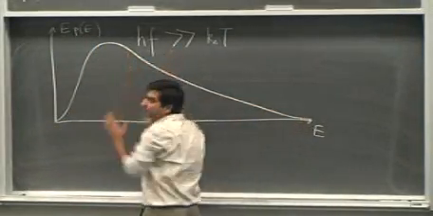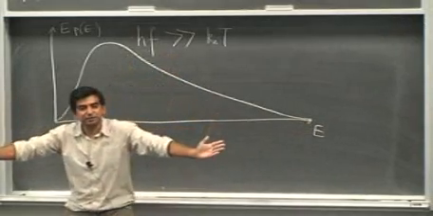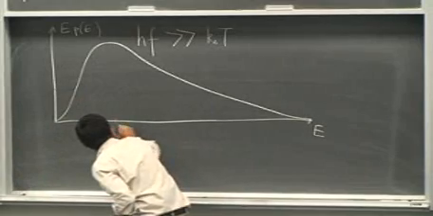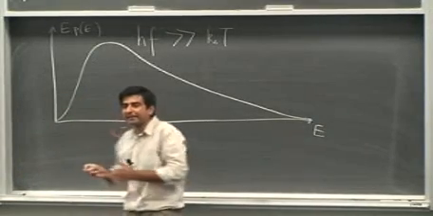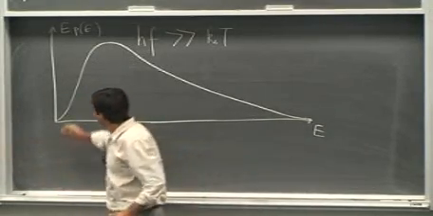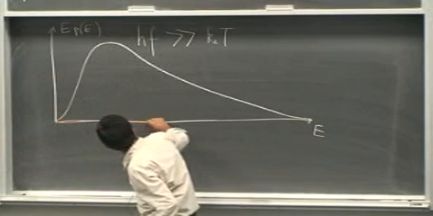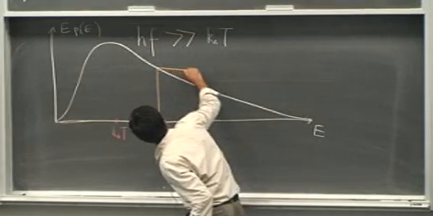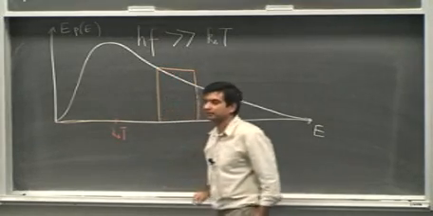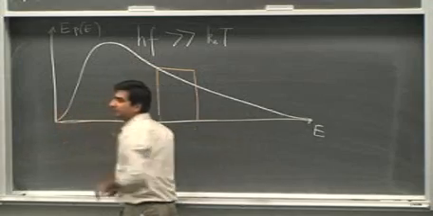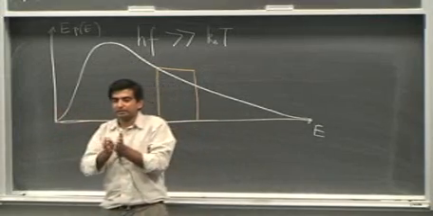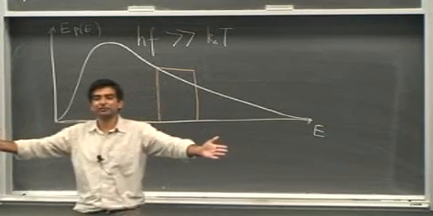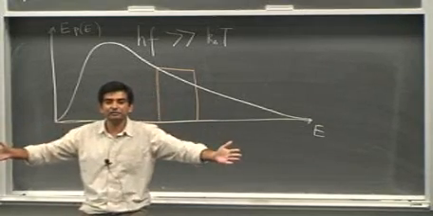Now the width of the first rectangle, hf, is very large. Suppose this is kBT. The first rectangle starts from somewhere here. This is empty because the first energy is 0, since energy starts at 0.